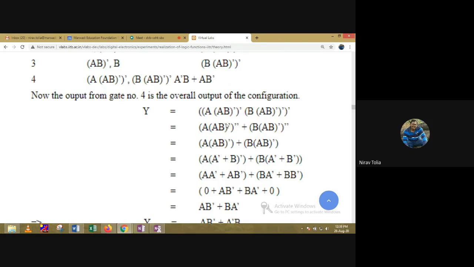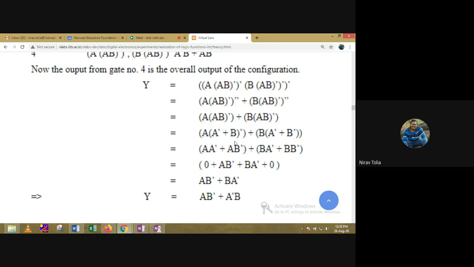So we get A into AB bar double bar plus B into AB bar double bar. The double bar cancels out, so it gives A into AB bar plus B into AB bar. Again AB bar is equal to A bar plus B bar, and in the same way, A bar plus B bar.